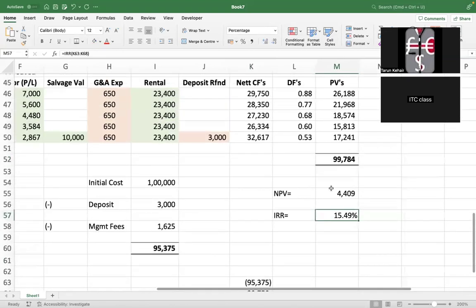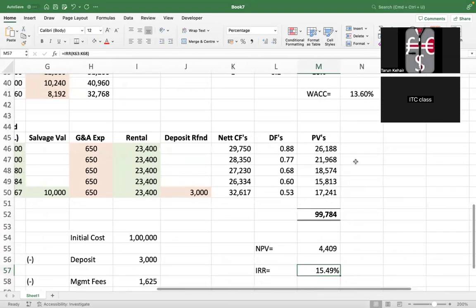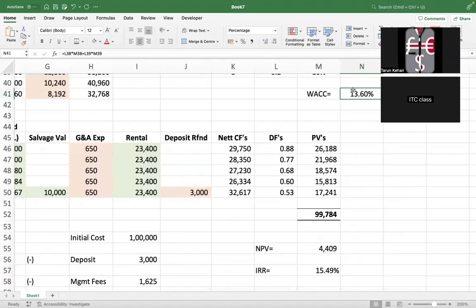So यहाँ पे आप देखो NPV is greater than 0, which means this is a viable arrangement. It's a value adding project. Even your IRR is much higher than the cost of capital. So when your IRR is greater than your cost of capital and your NPV is positive, then it means that this is a value additive project.